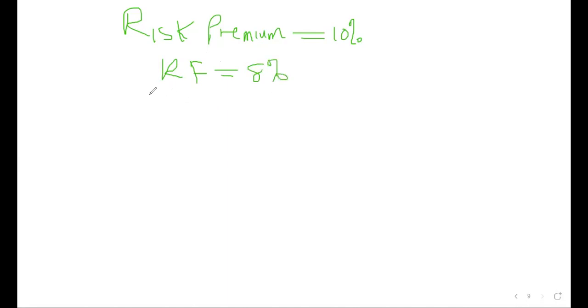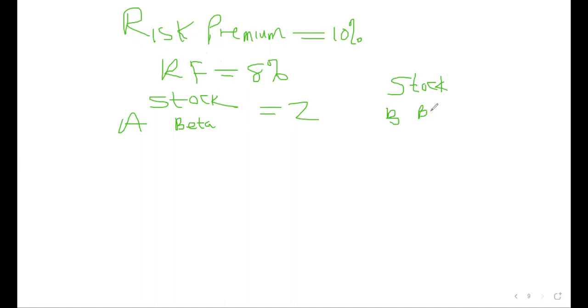For stock A, beta is 2. For stock B, beta is equal to 3.